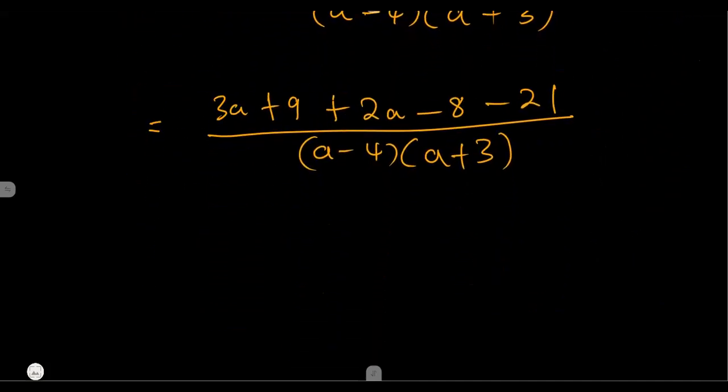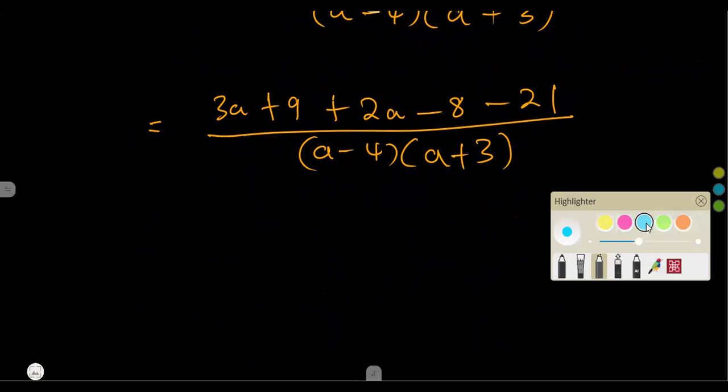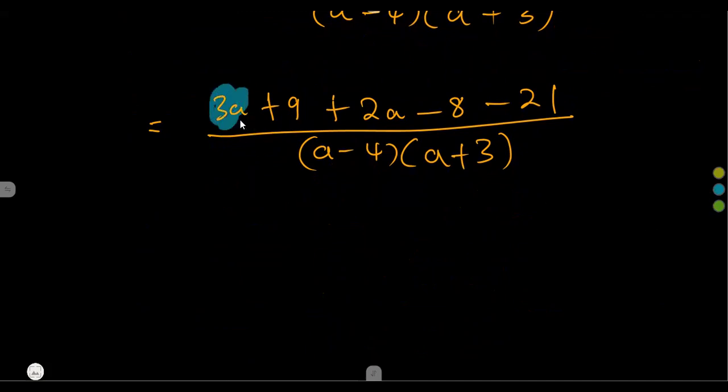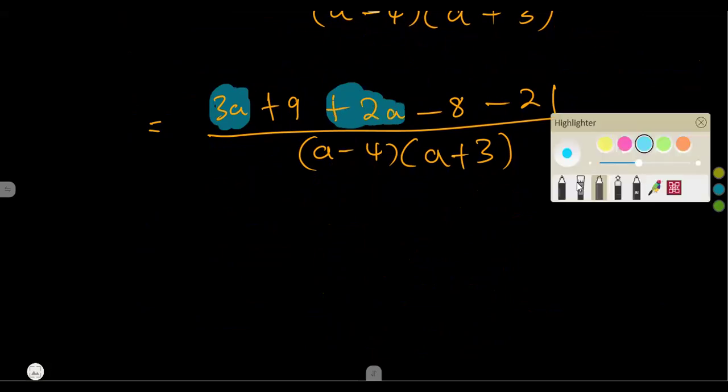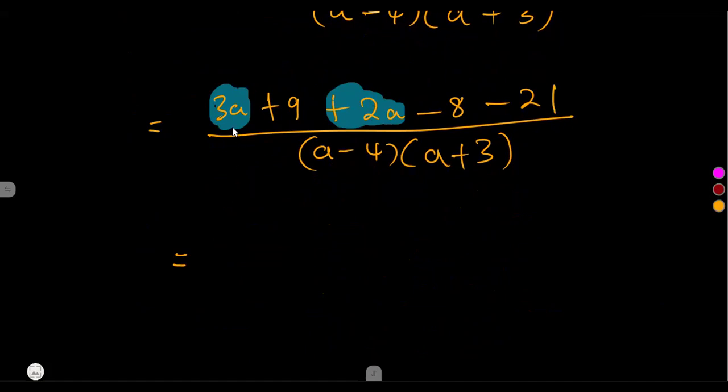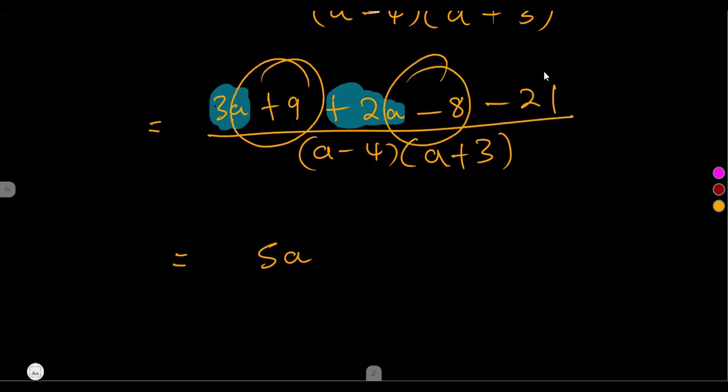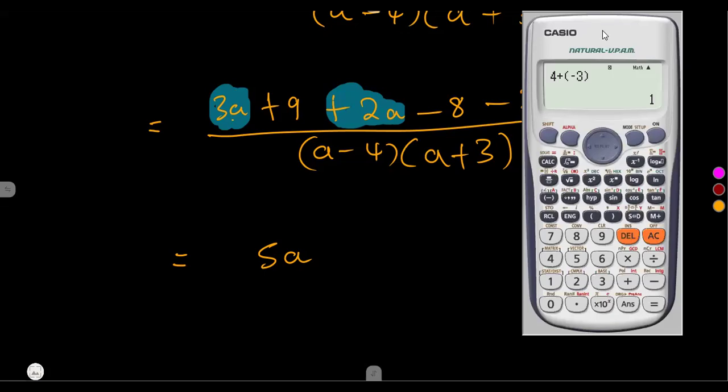But simplify the numerator wherever it is possible. There is a 3a, there is a 2a here. These are like terms, so I can simply add these two. What am I going to have? 3 plus 2, that's 5. So I'm going to have 5a. The remaining numbers simplify as they are. We can even use our calculator to simplify these numbers.